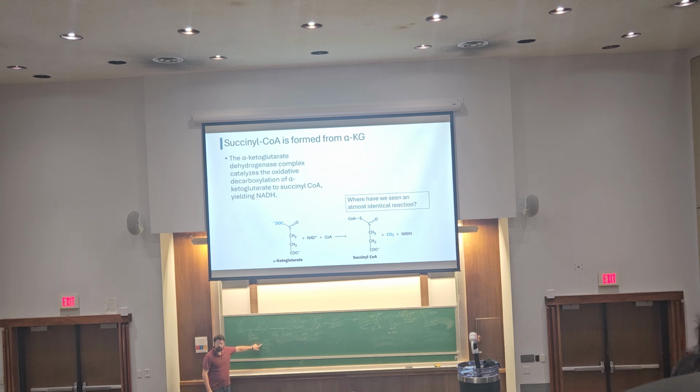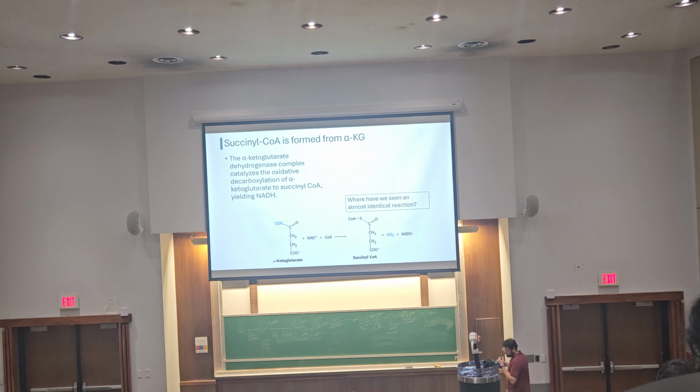We have a keto at the alpha position. Alpha keto acid plus coenzyme A, right? Yields CO2 and NADH. The exact same reaction. An alpha keto acid plus coenzyme A plus NAD+ yields CO2 and an NADH and an acyl coenzyme A. This alpha-ketoglutarate dehydrogenase complex is almost identical to the pyruvate dehydrogenase complex, which remember is a massive complex made up of E1, E2, and E3, many copies of them, right?